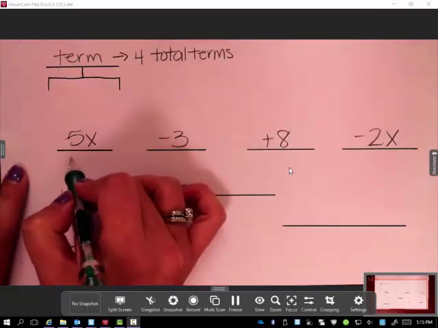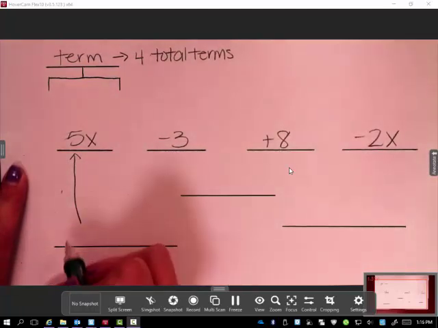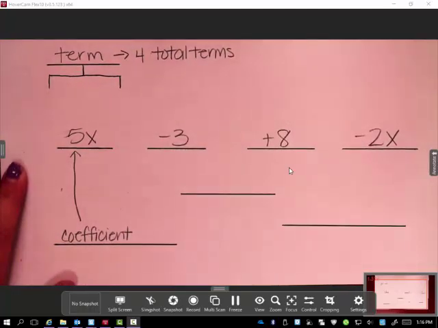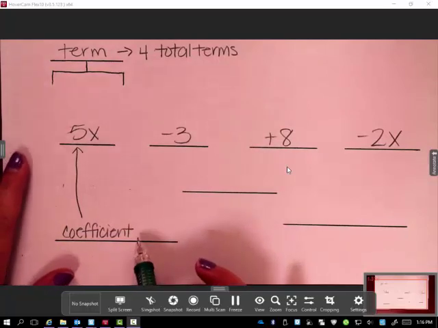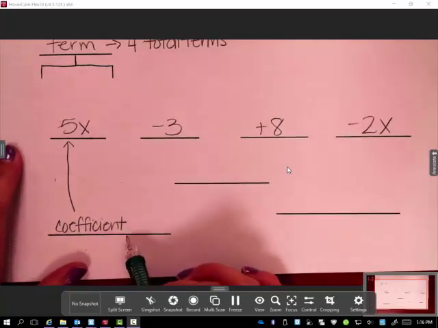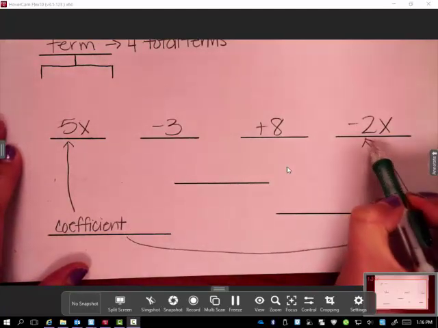Okay, now this guy right here is called what? A coefficient. Do I have any other coefficients on this paper? What's the coefficient? -2. So what I want you to do is we're going to draw another arrow, but we're going to go all the way around the outside and up like that.